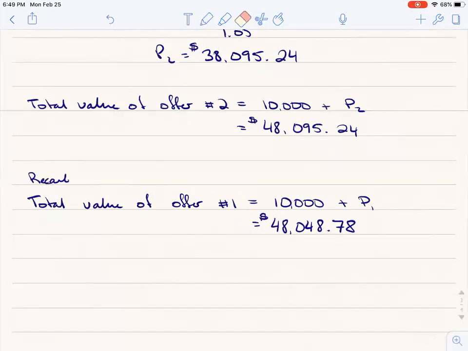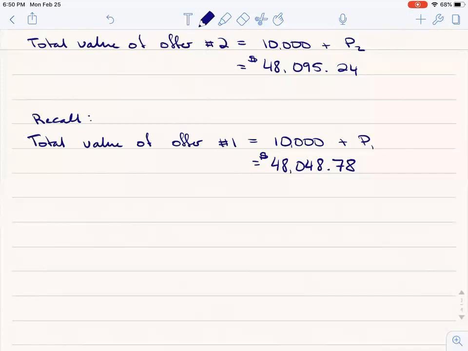Oh, that should say recall. Recall that the total value of offer number 1, these are really close, right? So even though it looked like $1,000 difference, it's not really, right? In fact, the difference is what, 46 is what I have? Not that big. Okay.